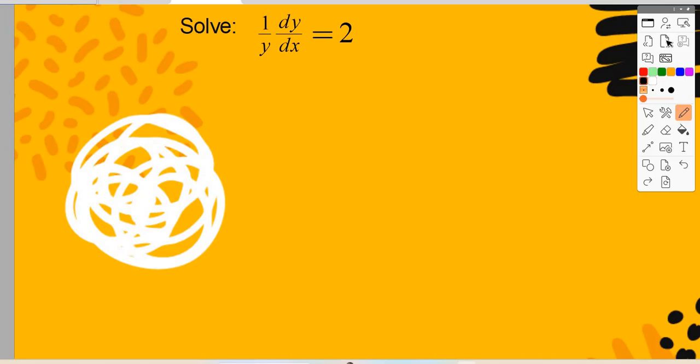What variables? Y and x. What do we want? Just y. Notice that my dy is already on top, so it's easiest to leave that as y's. So then how would I move my dx to the other side? Cool. So now have I separated out my variables? Yes. So then what's our next step?